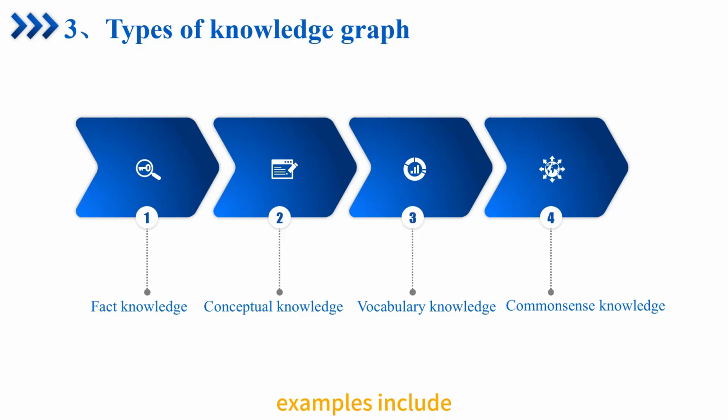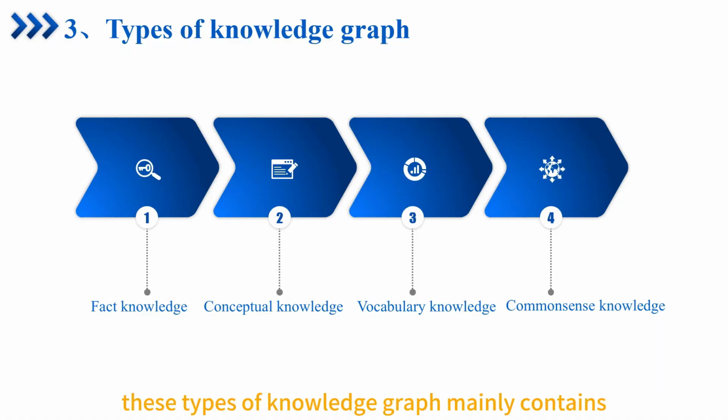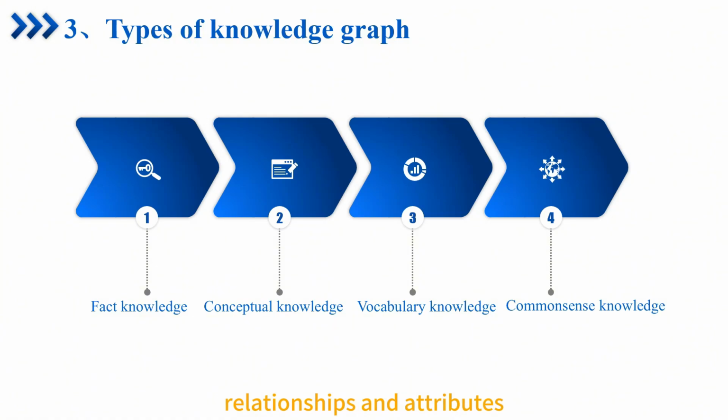Examples include Google's Knowledge Graph and Baidu Baike. A concept-based knowledge graph mainly contains relationships and attributes between different types of concepts, such as academic fields, domain concepts, and category relationships. Examples include DBpedia and Probase.